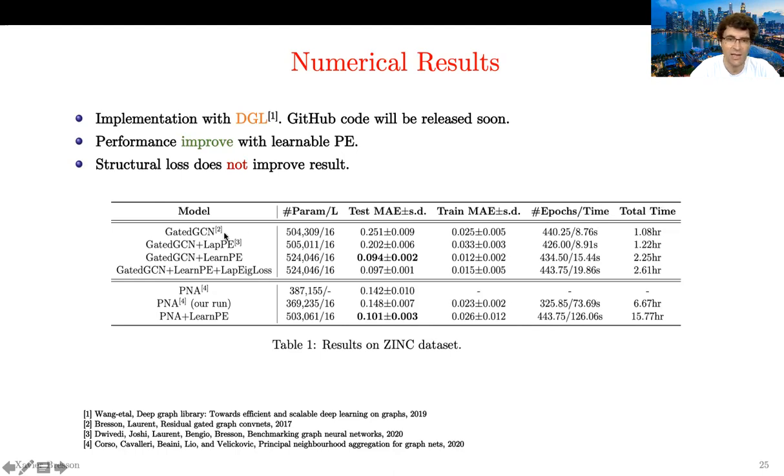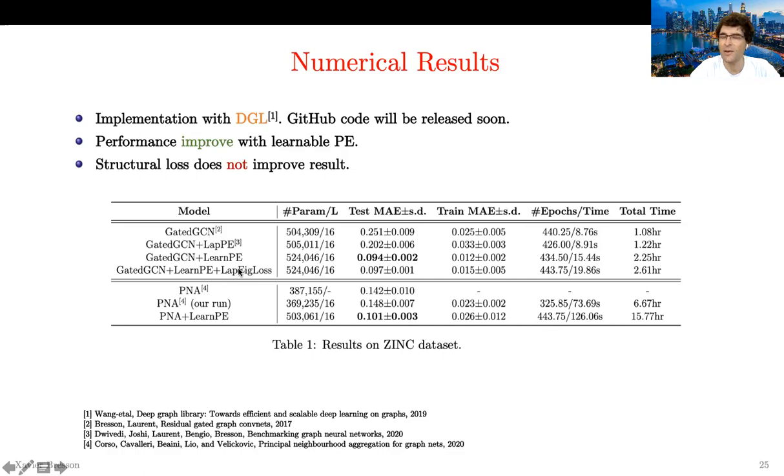This is gated GCN without any positional encoding. The performance is 0.25. This is gated GCN plus Laplacian positional encoding. We can improve significantly to 0.20. And if we learn the positional encoding, we get 0.09, which is a significant improvement.